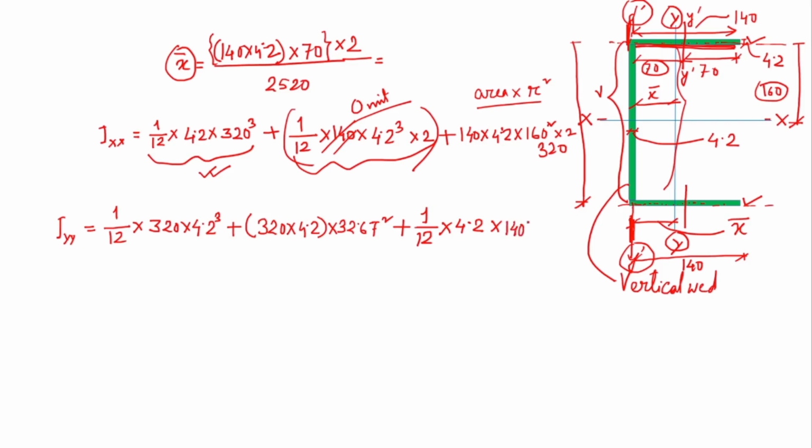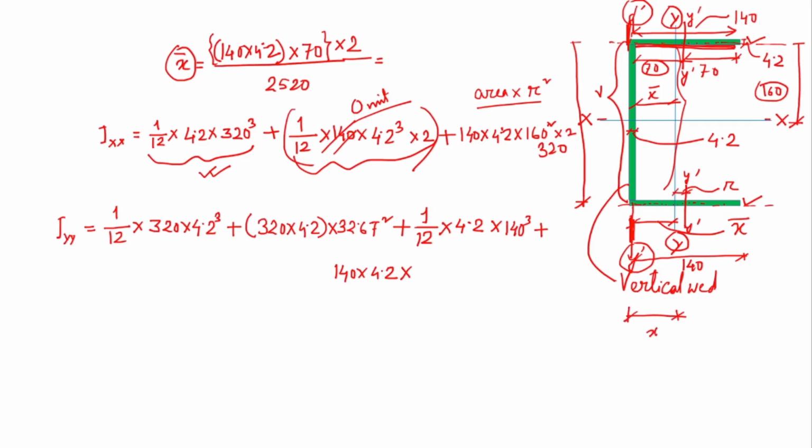So 140 cube plus, here also we have to use parallel axis theorem, because this is the y axis of the horizontal part, so it has some distance. This is the distance, this is r. So what is the area? Area is 140 into 4.2 into this distance. See, that distance we can calculate.